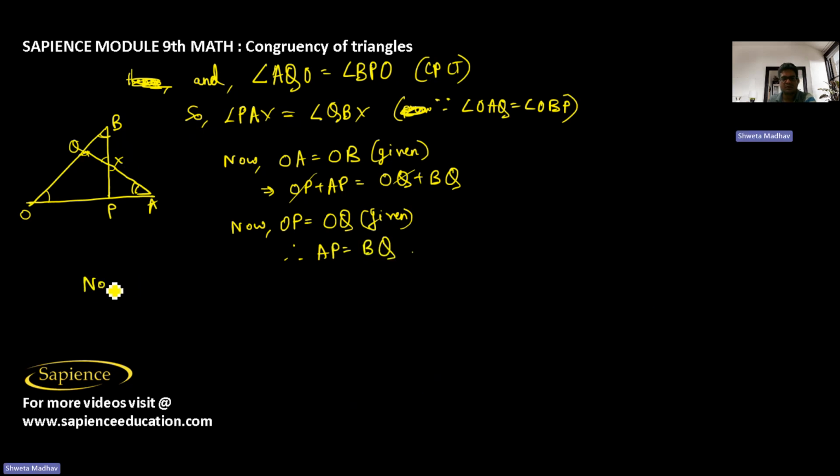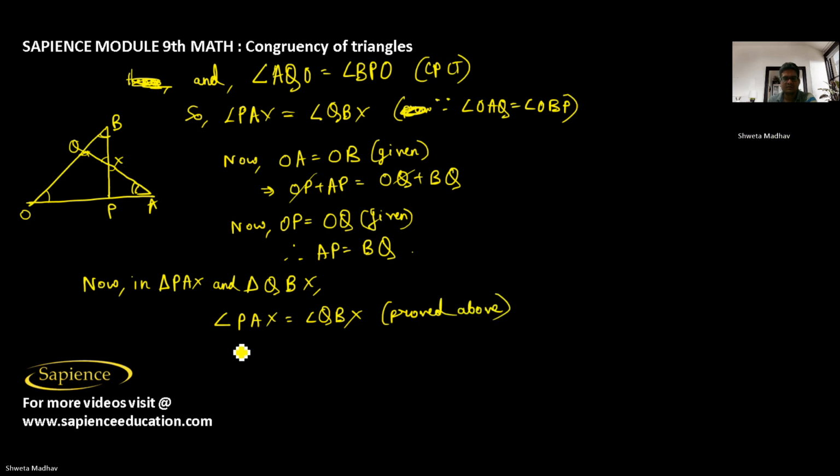So now I can say that in triangle PAX and triangle QBX, angle PAX is equal to angle QBX, which we have proved above. And angle BXQ is equal to angle PXA, since they are vertically opposite angles.